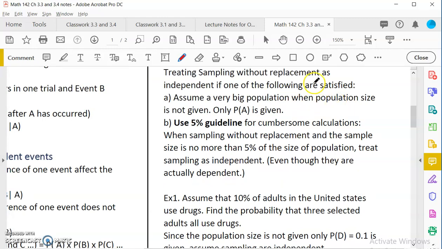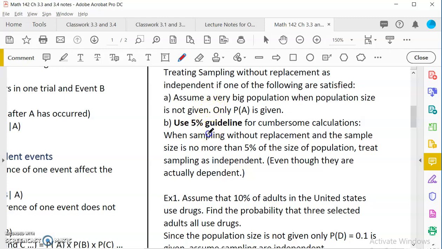The second is that you use a 5% guideline for composite calculations. If your sample size is no more than 5% of the size of the population, you can treat the sampling as independent. Actually, this is almost the same as the first case, when you have a really big population and you're only picking, like, 300 adults or 300 students even in a college.